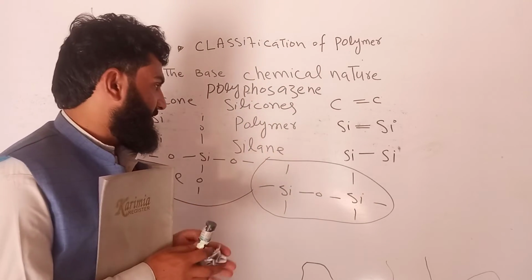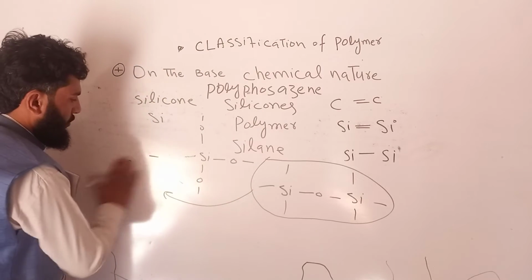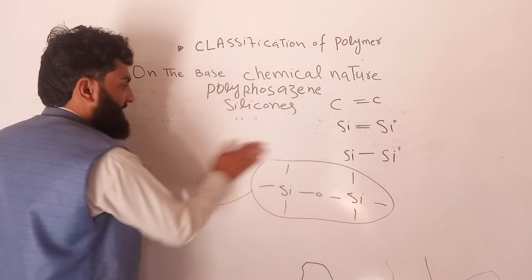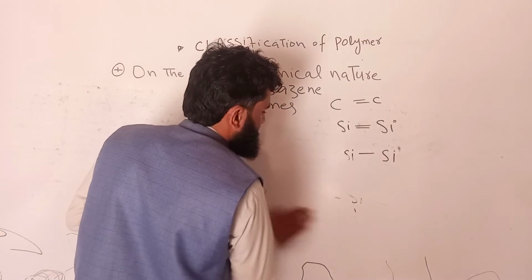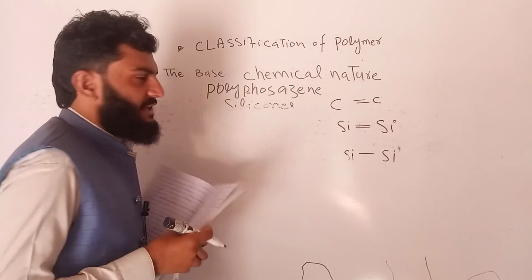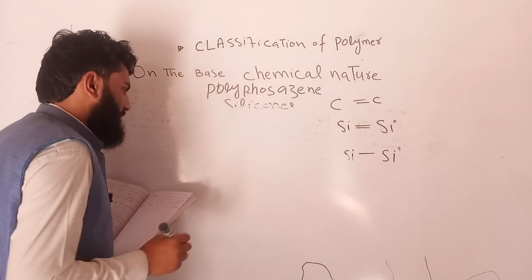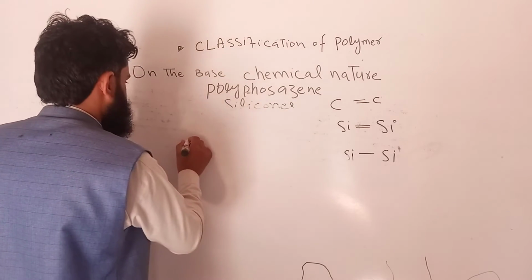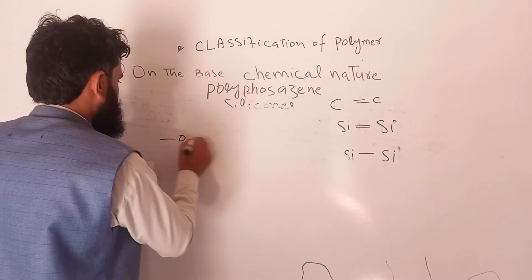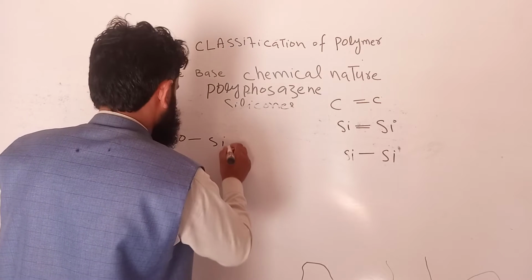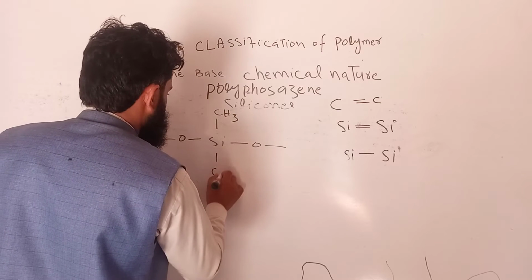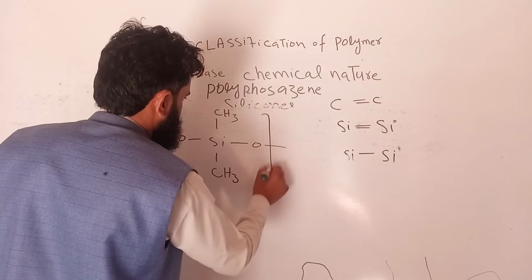As I have said, some polymers have a carbon chain in their skeleton, but they are also considered inorganic. For example, if I write one unit for silicone, it is Si with R, O, and CH3 and CH3.